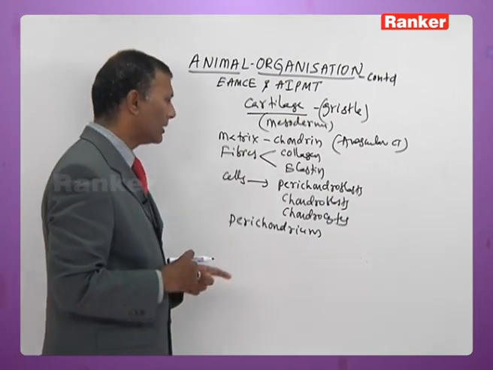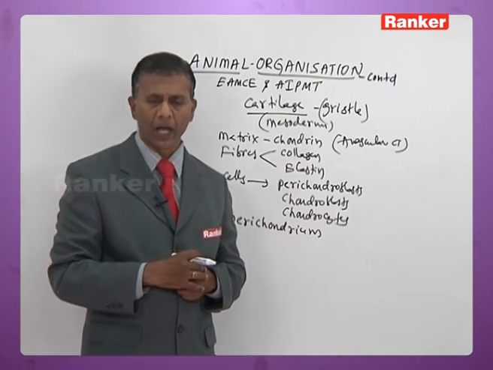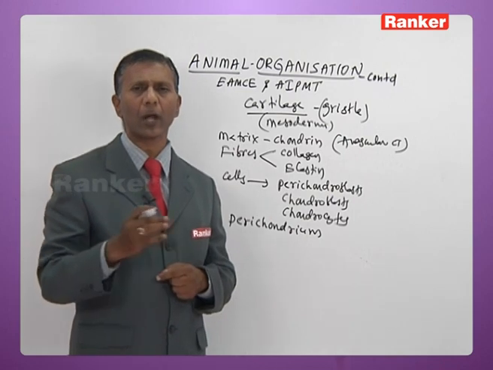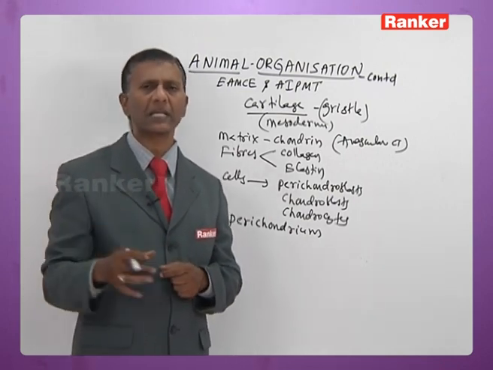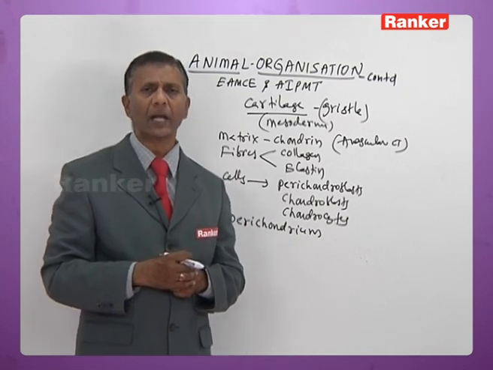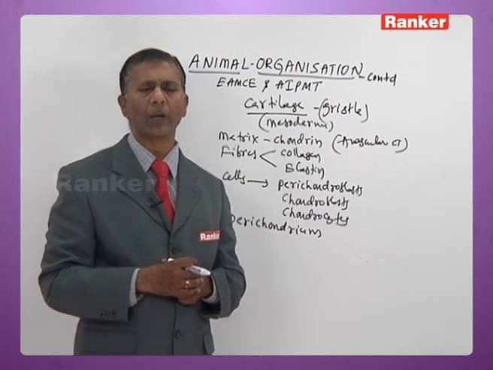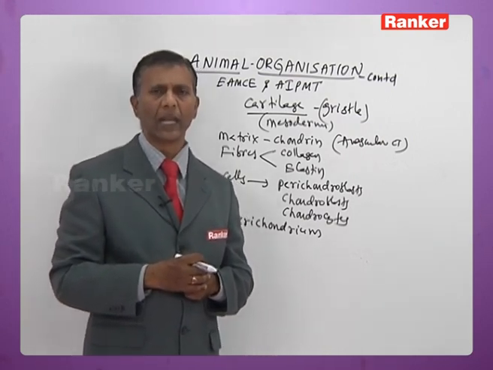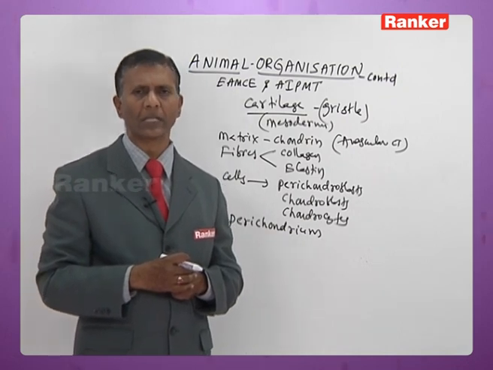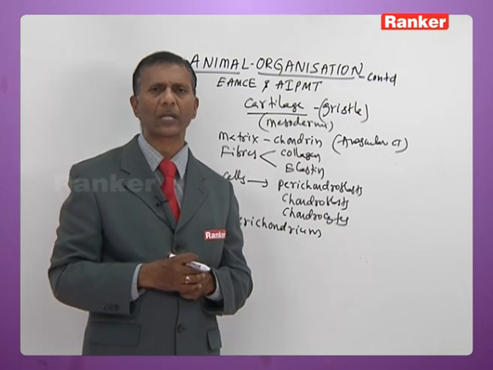The perichondroblasts of perichondrium are modified mesenchymal cells, which in turn transform into chondroblasts. The chondroblasts synthesize chondrin. Once the chondrin is fully formed, the chondroblasts differentiate to form chondrocytes, which get enclosed in lacunae. So, inactive chondroblasts can be called chondrocytes.